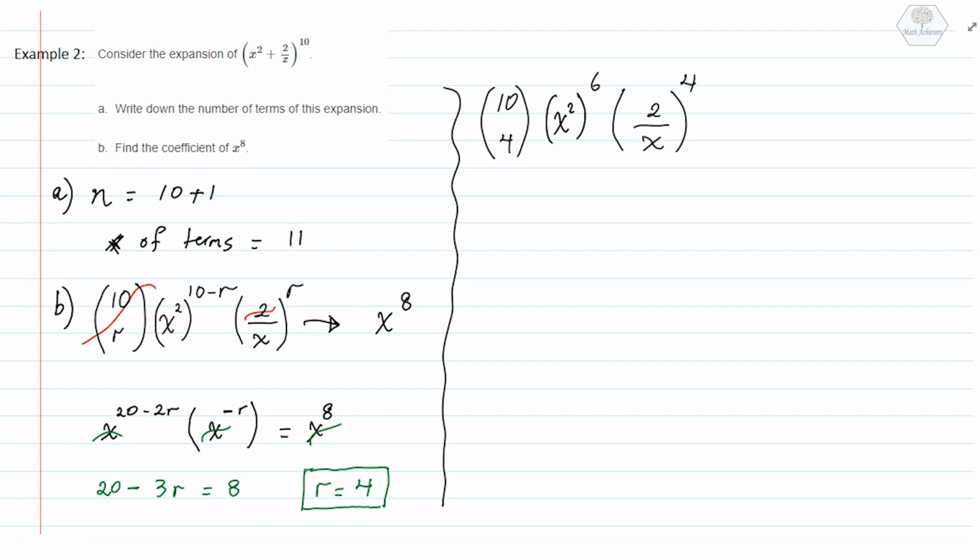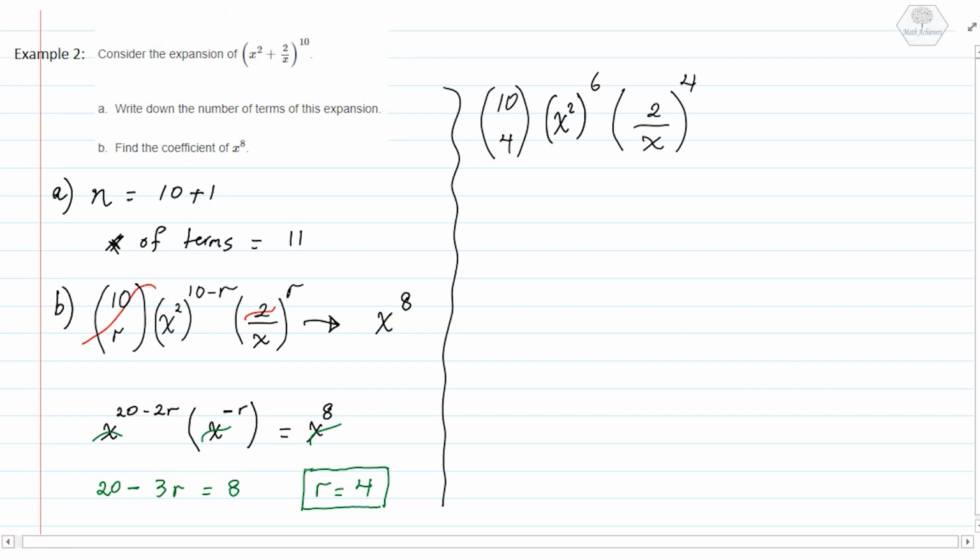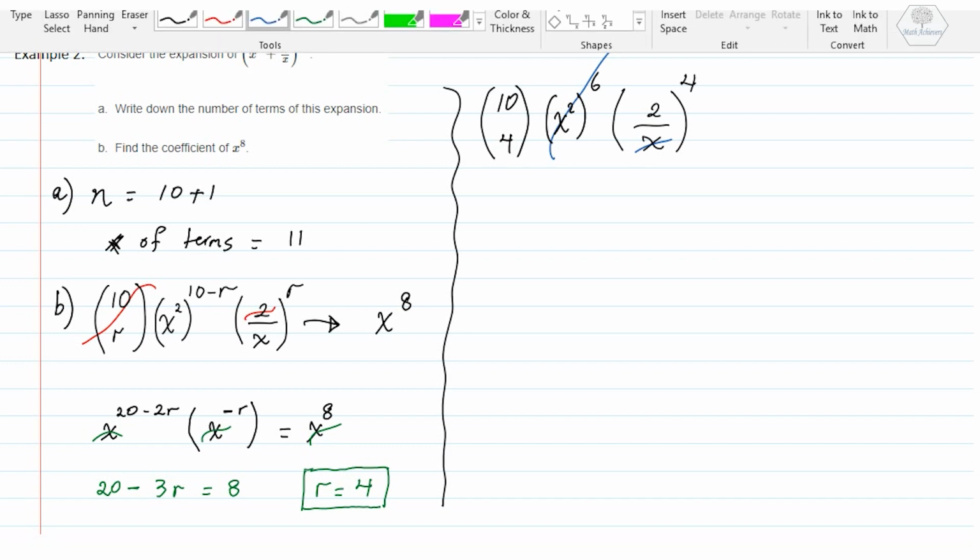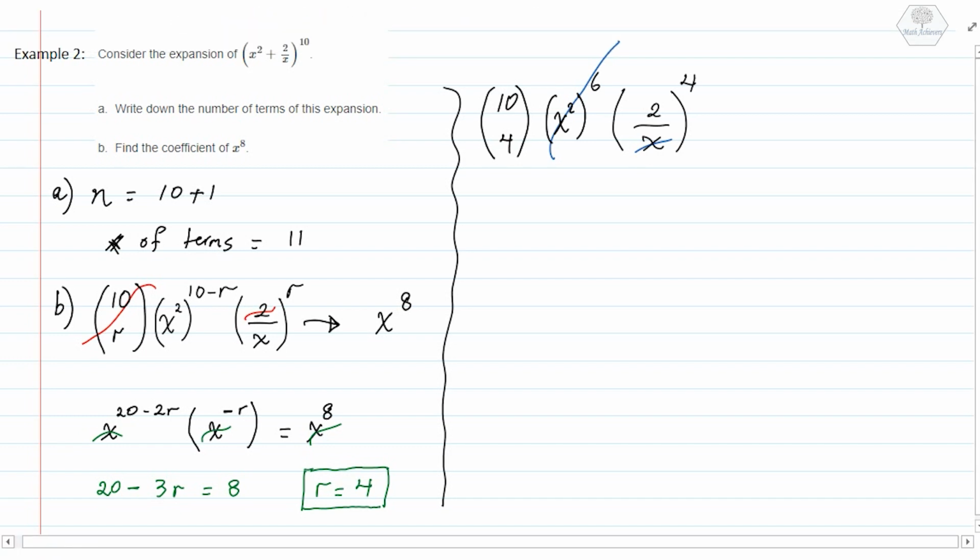And since here I only need the coefficient, I neglect the x's. So my coefficient is 10 combination 4 times 2 to the power of 4, which is equal to, I need also to use my GDC here.